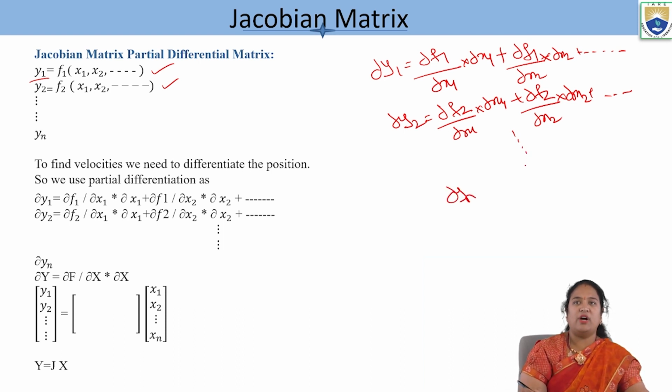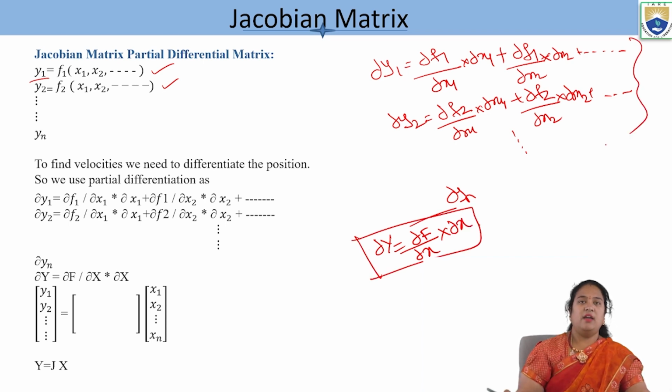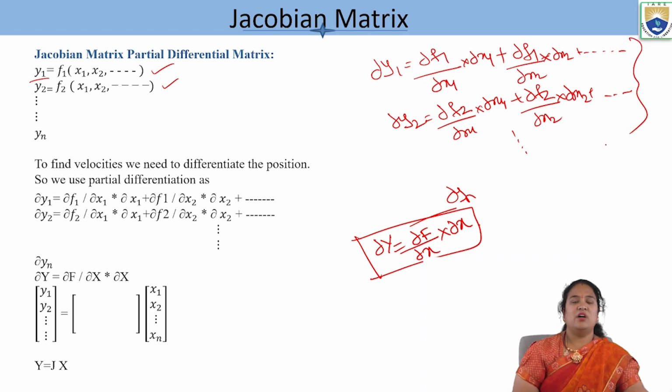This equation is written overall as dou y is equal to dou f by dou x into dou x.